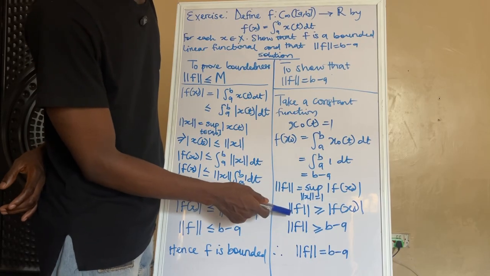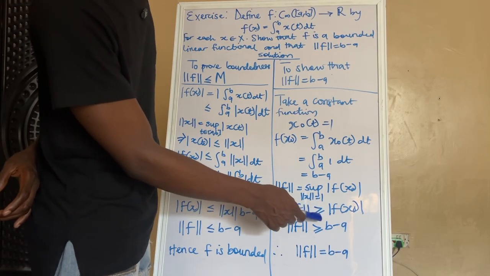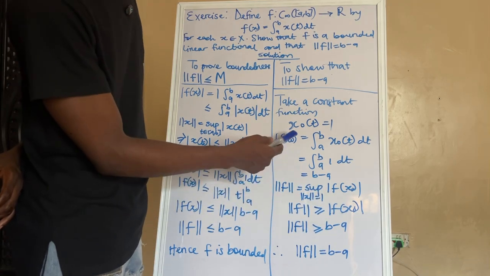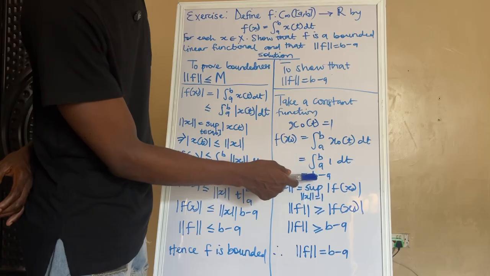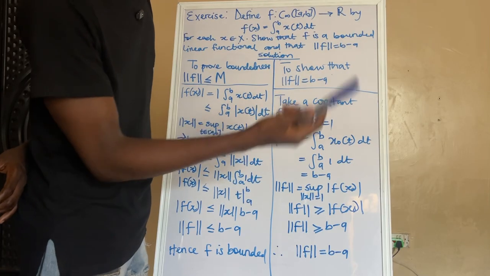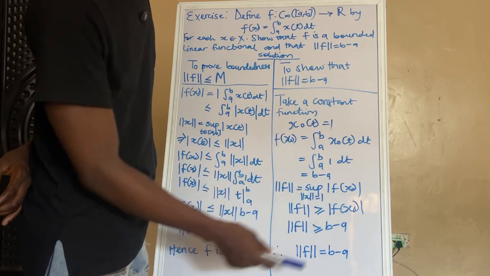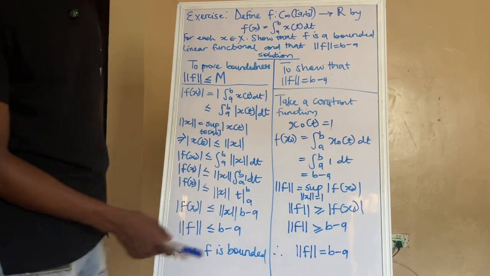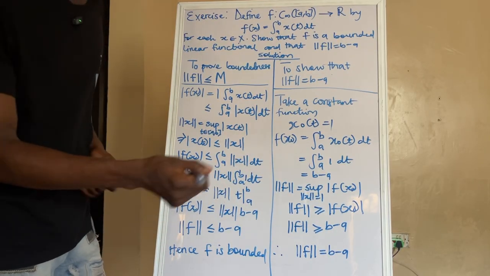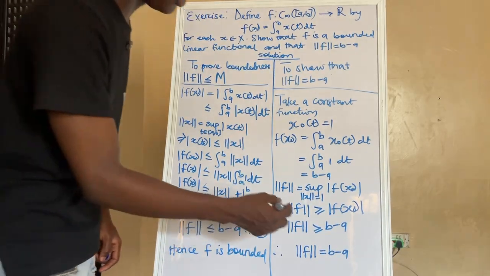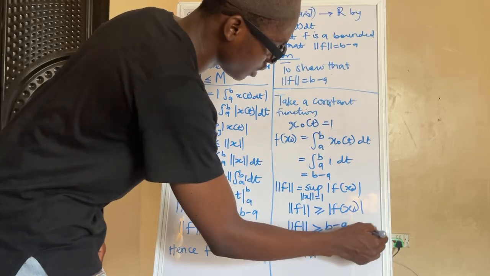So I can now say that the norm of f is greater than or equal to the absolute value of f of x naught, and from here we have f of x naught equal to b minus a, which implies that this norm of f is greater than or equal to b minus a. And since we've been able to show that the norm of f is less than, let me tag this inequality 1, and this inequality 2.